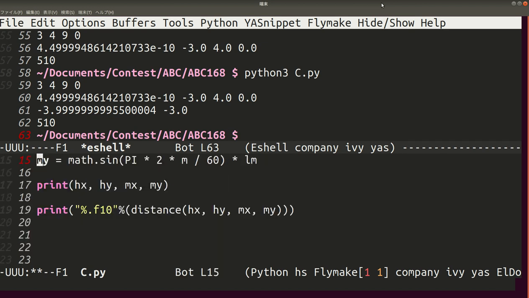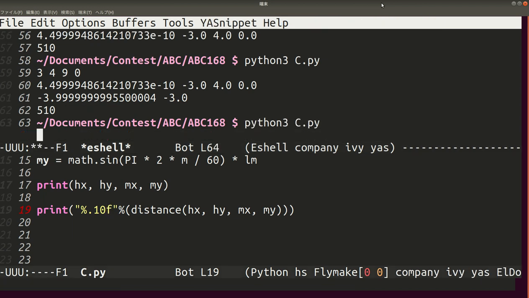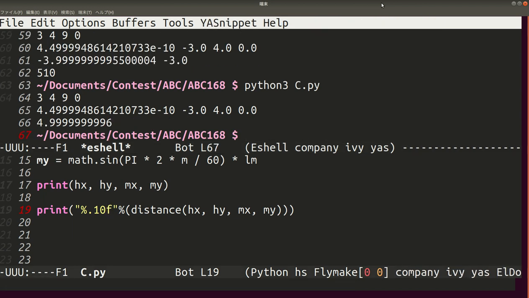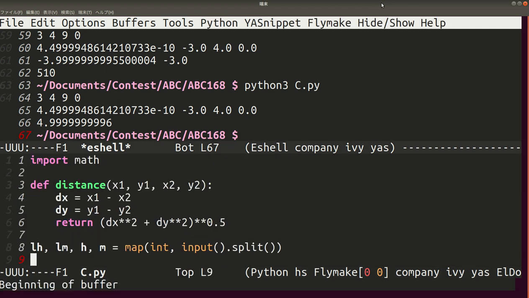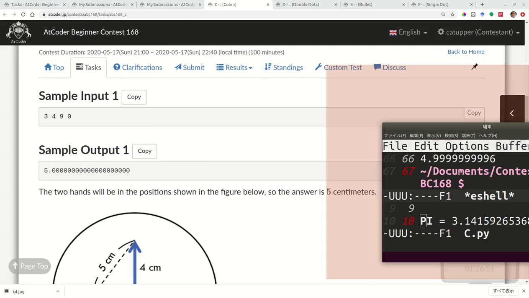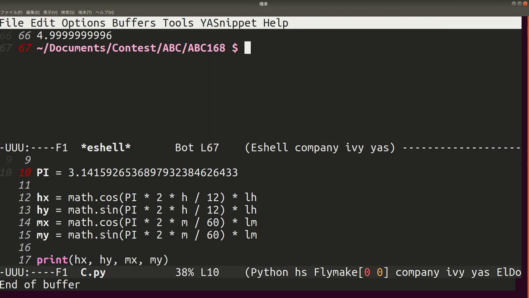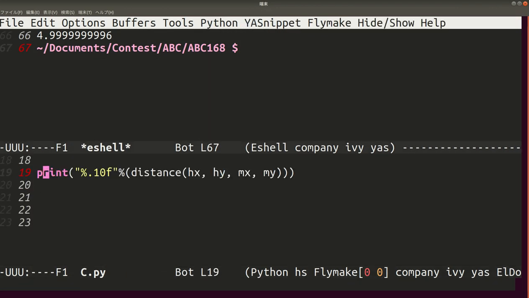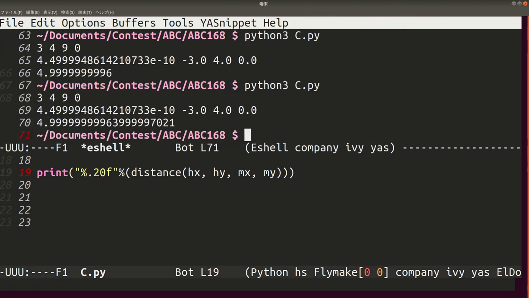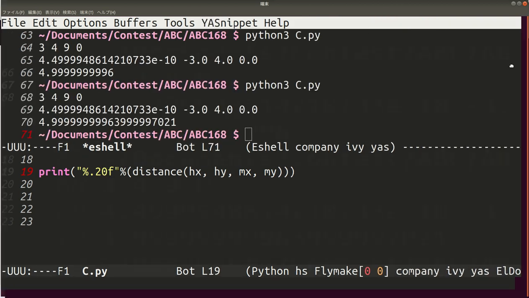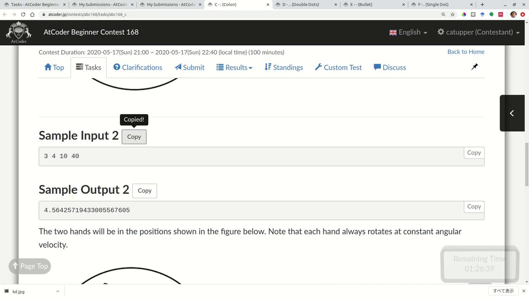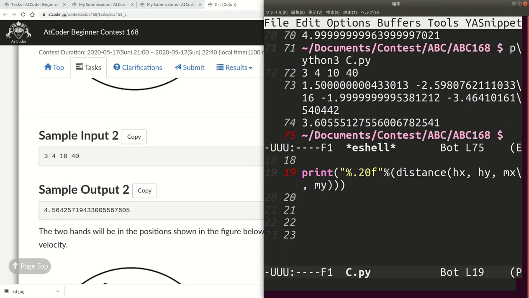Oh, so maybe. Yeah, I thought I missed the formats. Okay, this is okay, I think. Maybe my pi is not accurate. How about 20 digits? Okay, I think that's okay. Try again.